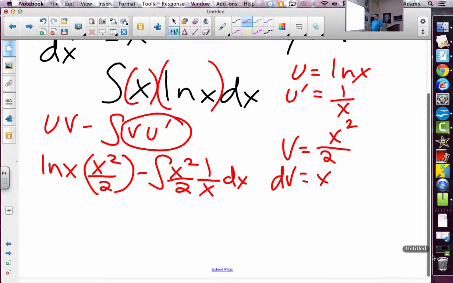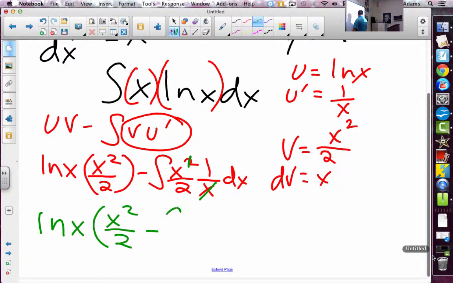Here's a cool thing. Notice that the 1x here cancels with the x here. So really, it's the natural log of x times the quantity x squared over 2 minus the integral of x over 2, dx.